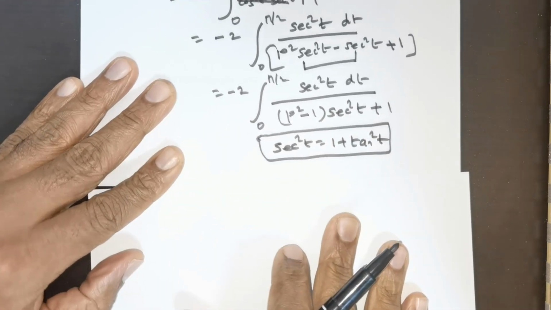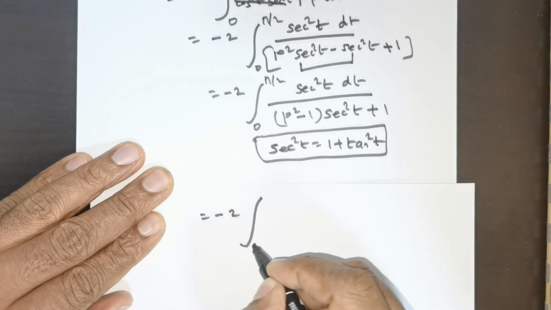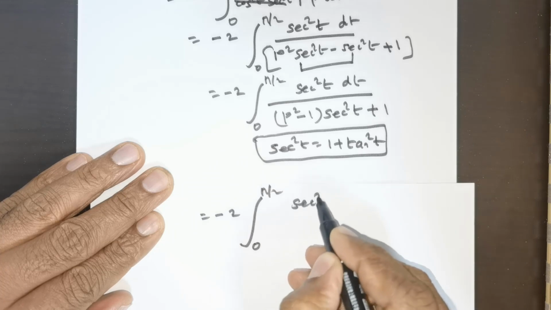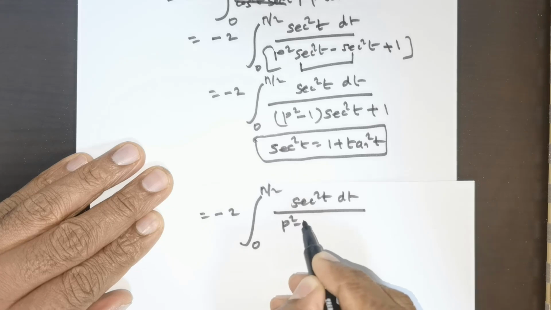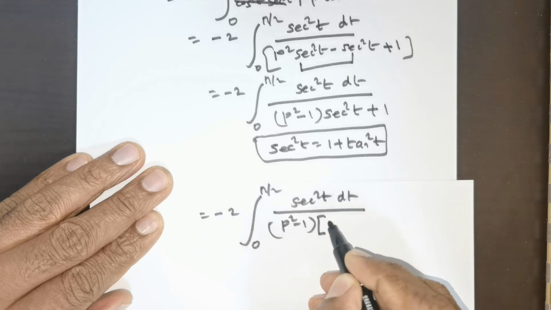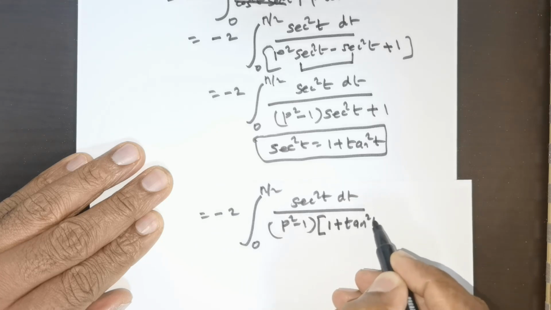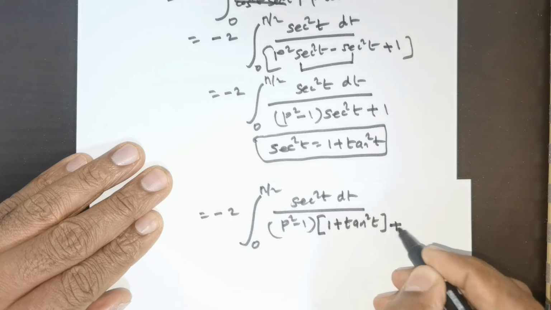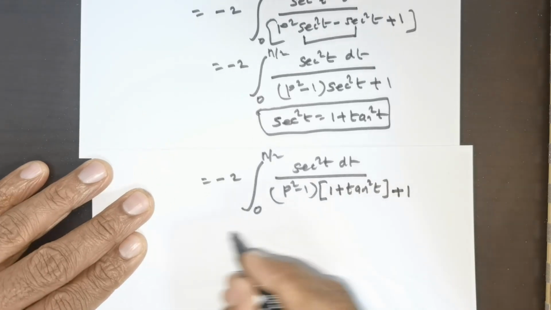That would be equal to negative 2 times the integral from 0 to pi over 2 of secant squared t dt divided by (p squared minus 1) multiplied with (1 plus tan squared t), and you have that plus 1 there. You cannot forget that.